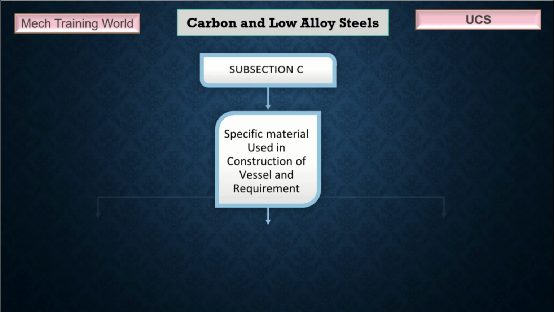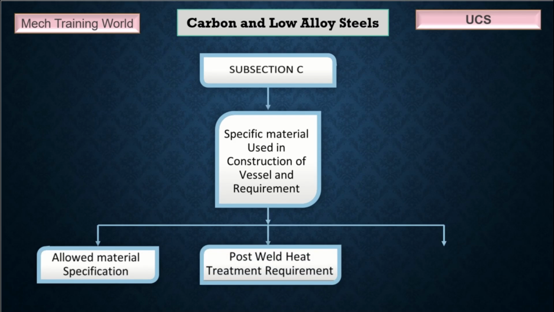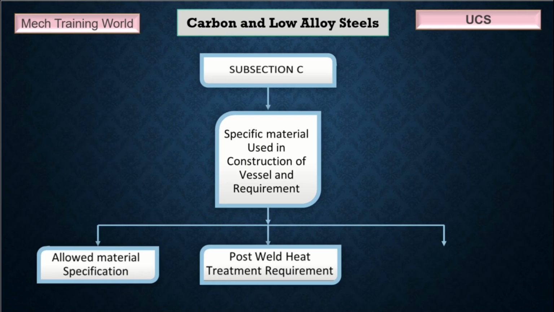So here you can find the allowed material specifications, and apart from this, there are specific requirements for post weld heat treatment which vary based upon factors like material, thickness, and design codes being used, and it is crucial to follow the current code when determining post weld heat treatment requirements. For each material, we must determine the appropriate holding temperature and time for post weld heat treatment.